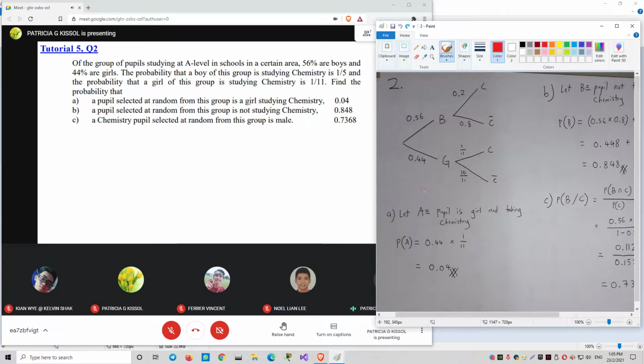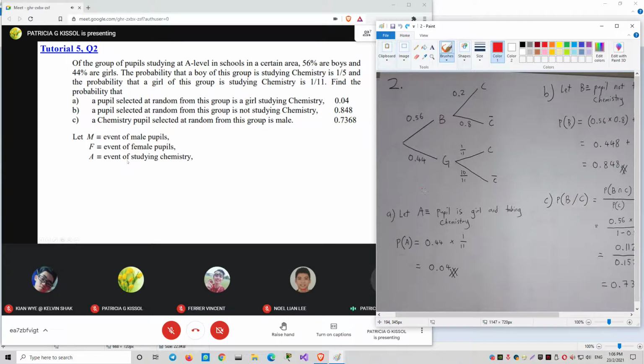So the first thing you should be doing is identifying the information that is given to us. I've used this legend: M for male students, F for female students, A for studying chemistry. You might be using a different notation, which is still okay.